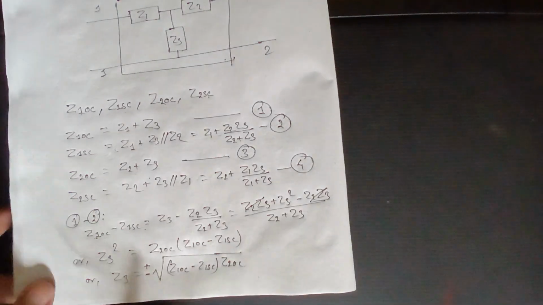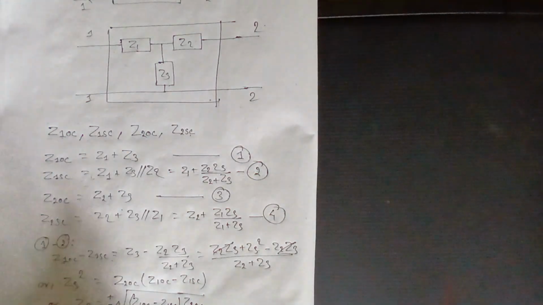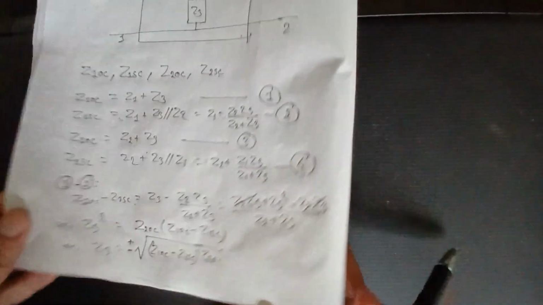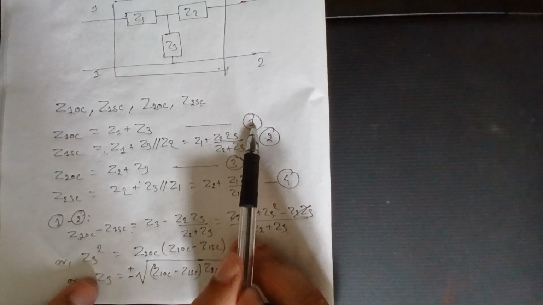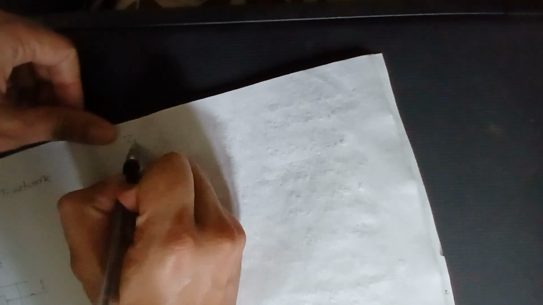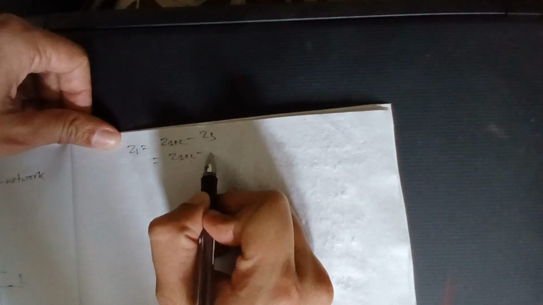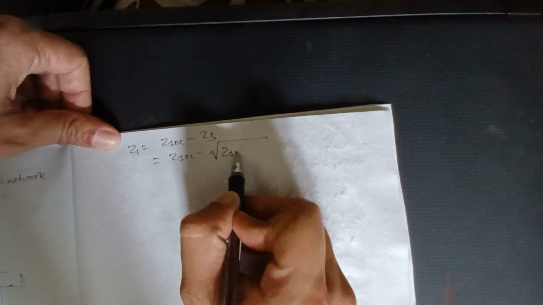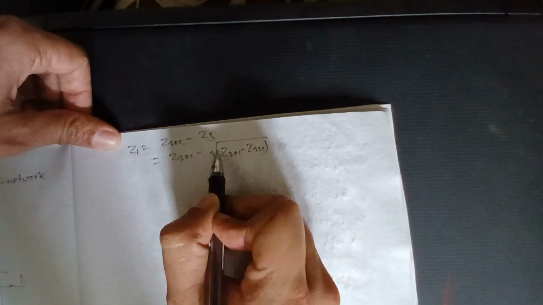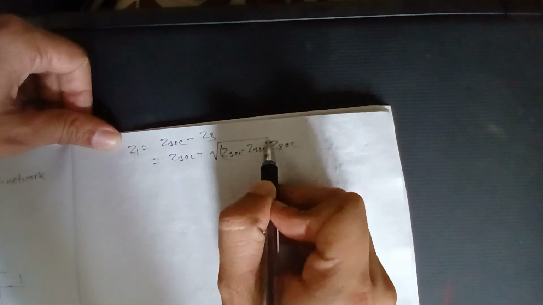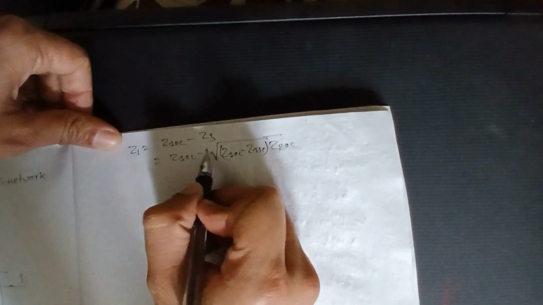This is the required impedance Z3 of the T network, which we can use in equation 1 and equation 3 to find the values of Z1 and Z2. So Z1 equals Z1OC minus Z3, and Z3 is given by the root under Z1OC minus Z1SC times Z2OC. It's plus minus, right?